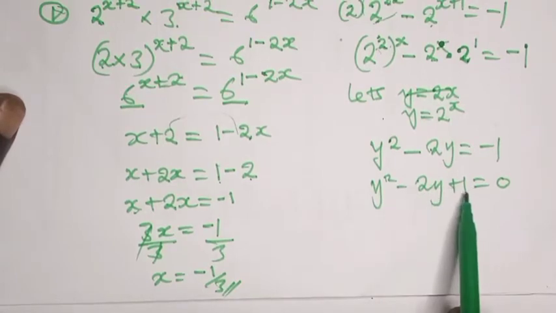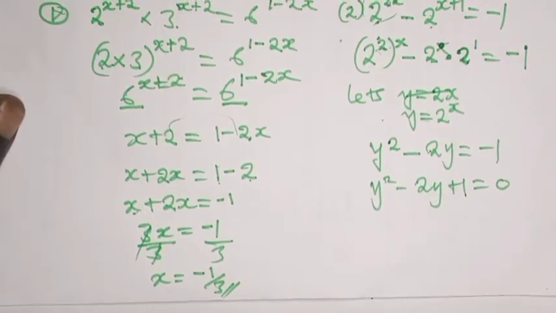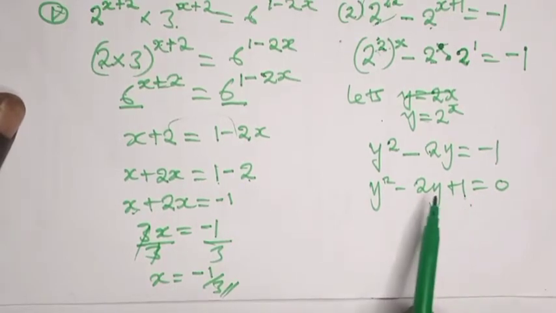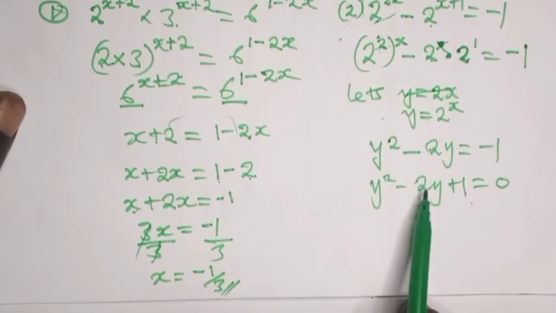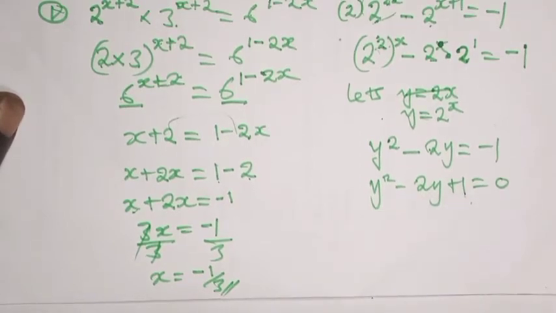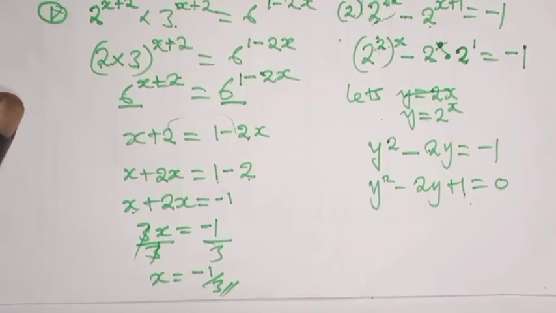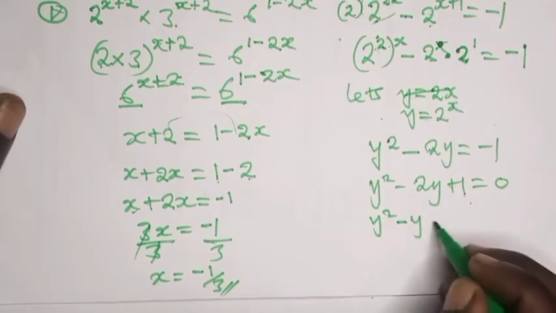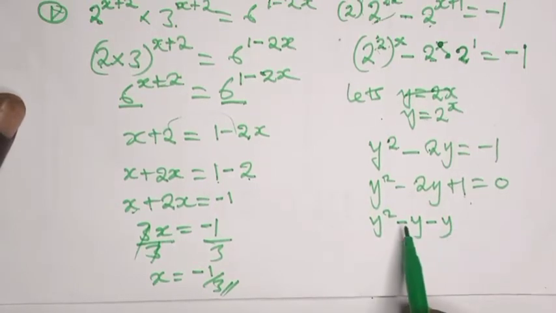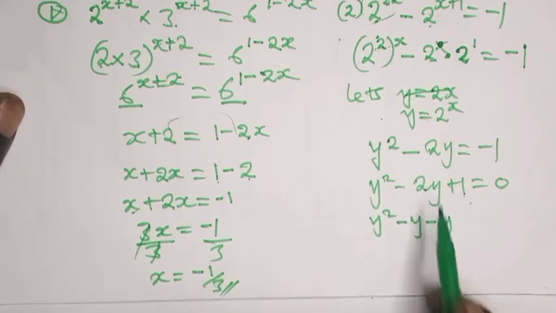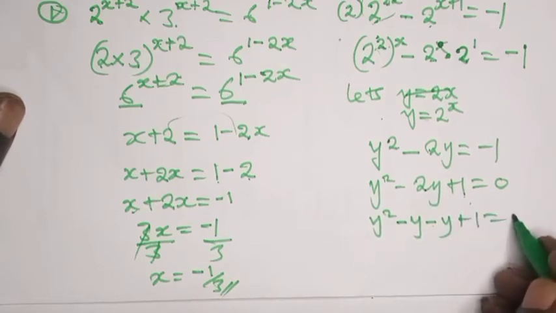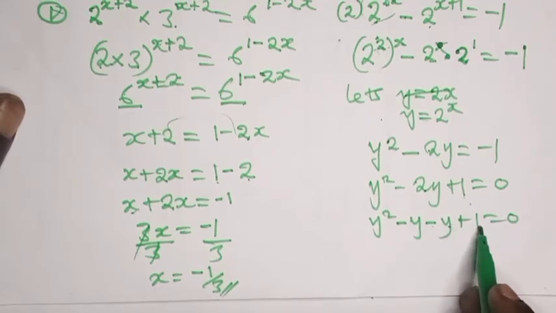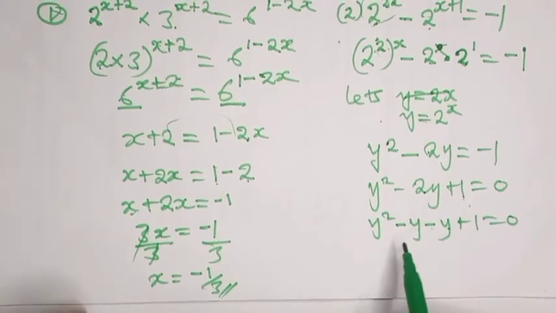Here the product is 1 and the sum is minus 2. So we are looking for two numbers such that when we multiply, it will give us 1, and when we add, it will give us minus 2. And those numbers are minus 1 and minus 1. So it will be y squared minus 1y minus 1y plus 1 equals 0. When we multiply negative 1 times negative 1, it will be positive 1. So here we are going to factor out now.